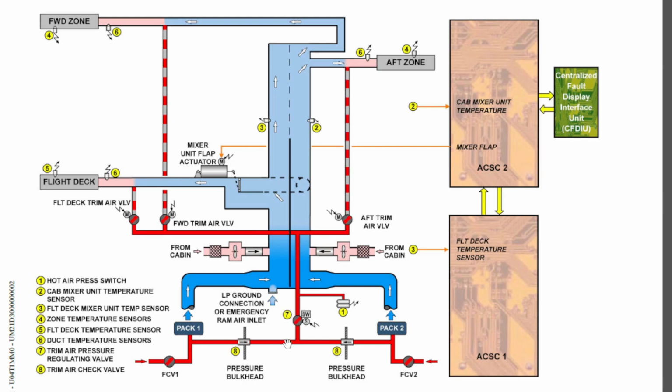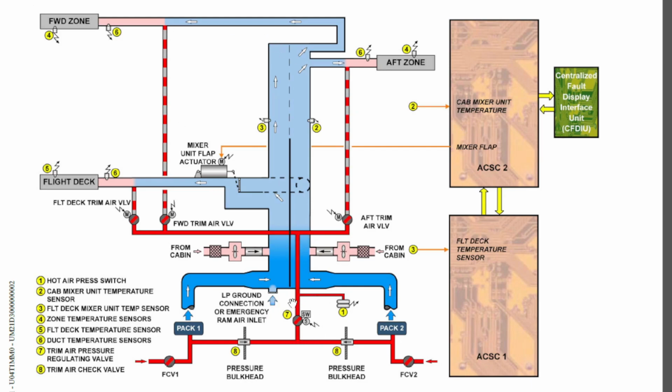If you just track these lines, you will see that this hot air will be introduced to these ducts through these valves. Here you have the flight deck trim air valve, and here you have another valve, the forward zone trim air valve and the aft trim air valve. So through these valves the trim air will be introduced to each zone.